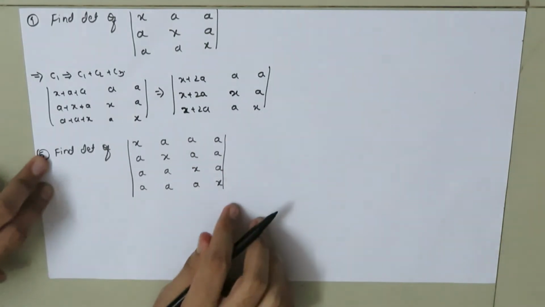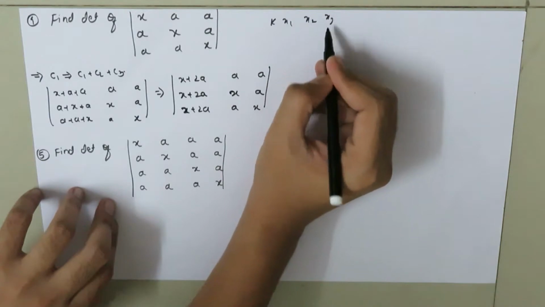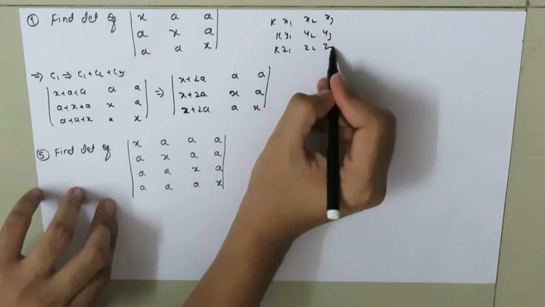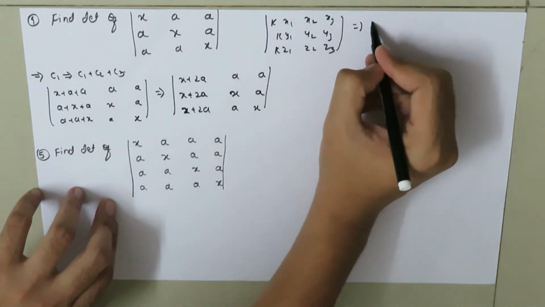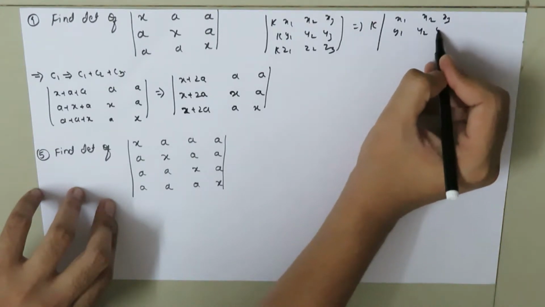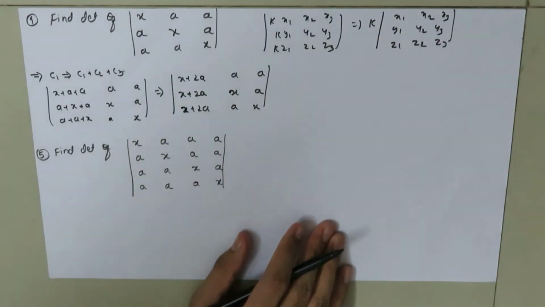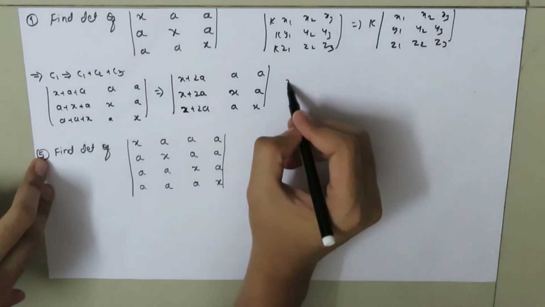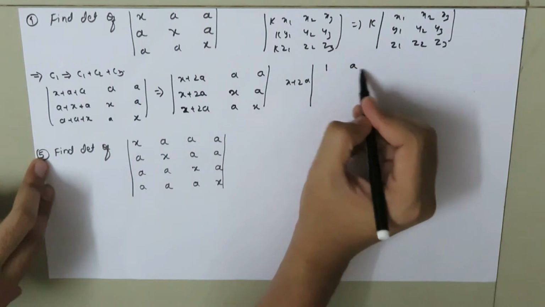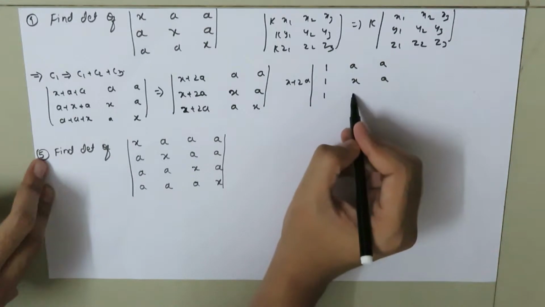And now, as we know that k x1, x2, x3, k y1, y2, y3, k z1, z2, z3 can be written as k times the determinant of x1, x2, x3, y1, y2, y3, and z1, z2, z3, in very similar fashion we can modify this determinant as x plus 2a inside the bracket 1, a, a, 1, x, a, and 1, a, x.